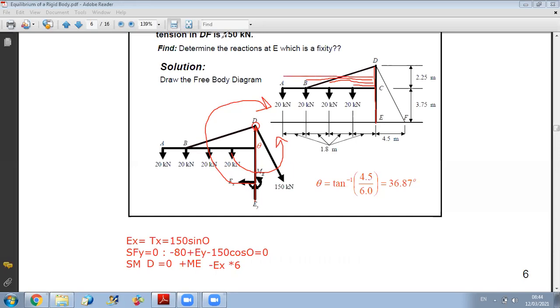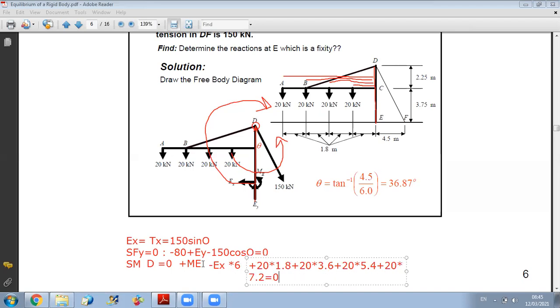So in total, I have plus 20 times 1.8 plus 20 times 3.6 plus 20 times 5.4 and finally plus 20 times 7.2 equals 0.